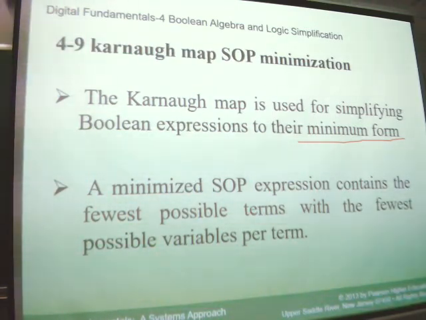Note that this is the minimized SOP expression, not the standard SOP expression.